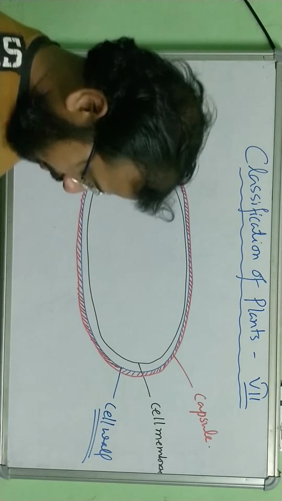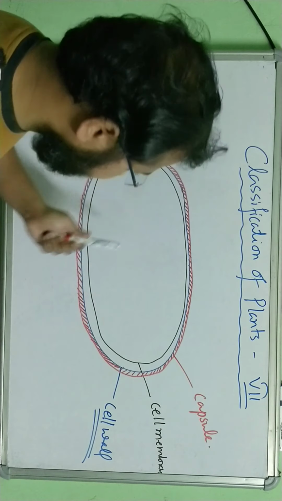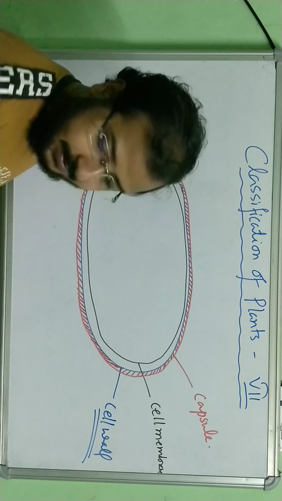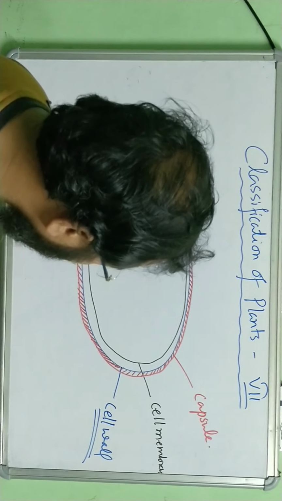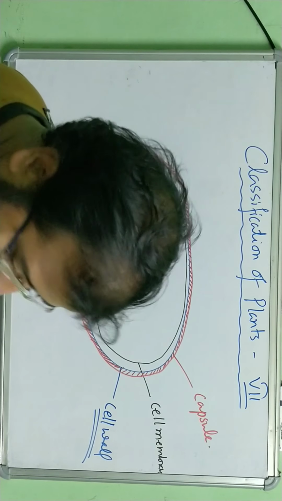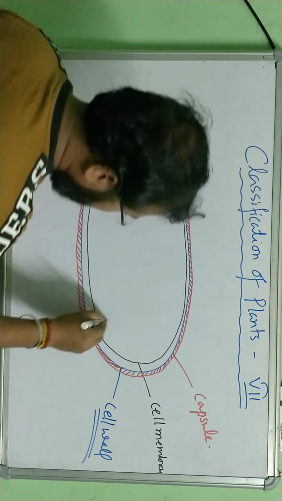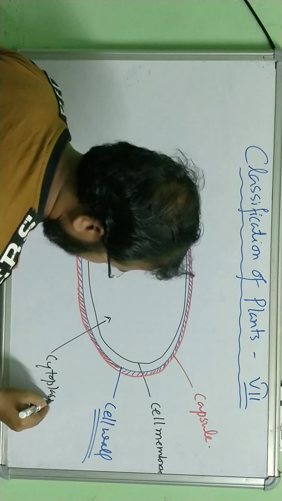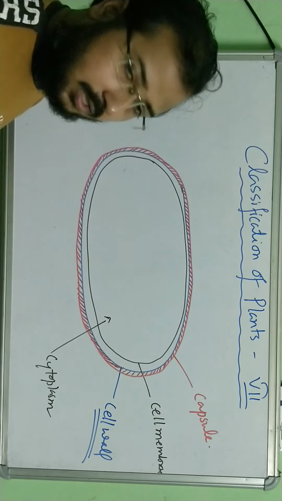Now inside this cell, as it is unicellular, a single cell, what is present inside? Cytoplasm is present here. What else?